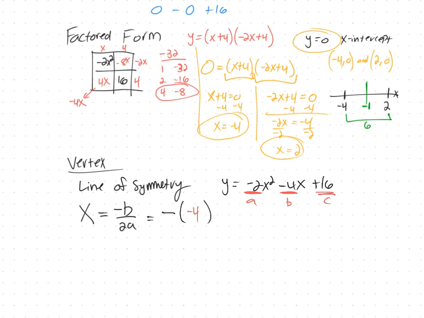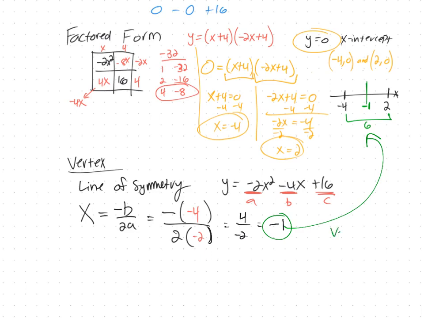So we've got to consider the double negative there, over 2 times a, and a is negative 2. We've got to include the negative pieces as well. And that ends up being 4, because it's double negative, over negative 2, which is negative 1, which is awesome because that's what our x-intercept was to begin with. Our line of symmetry to begin with. We should get the same x value.